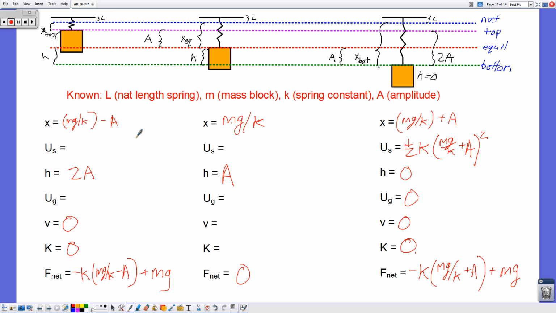Fancy. Alright, let's jump over here. I know that US plus UG has to equal this. Okay, cool. I know that UG is going to be mgh. And I know that the elastic potential energy is going to be 1/2 K X squared.